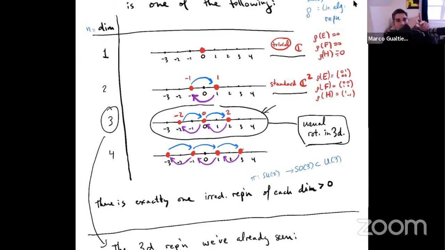Whereas F goes the opposite way, right? And so you know the infinitesimal action of a basis of the Lie algebra. And then if you want to know the actual matrix action, you can exponentiate those matrices.